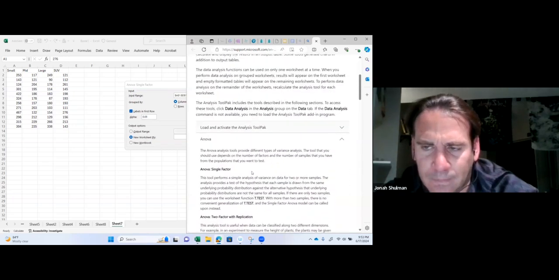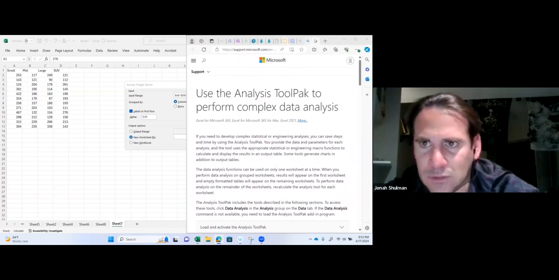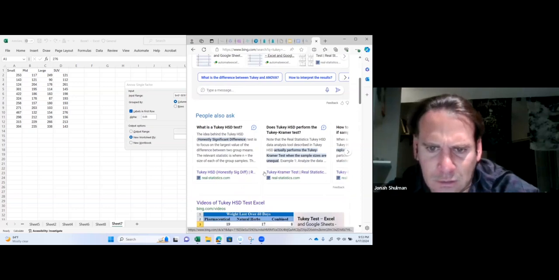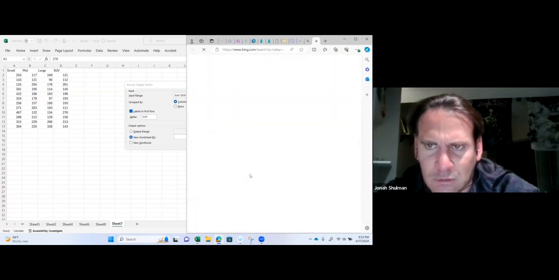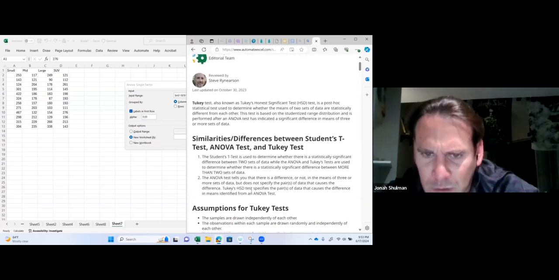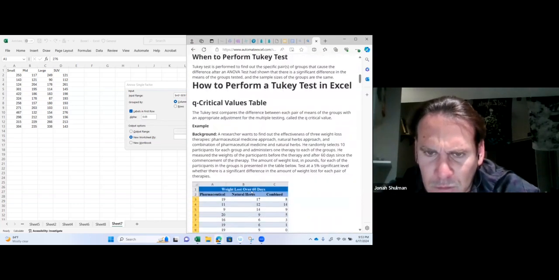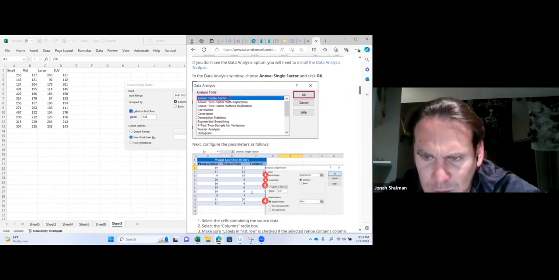Well, it says you can do it here, but it doesn't give you the option there. Let's see how this guy figured it out. Data, ANOVA single factor.